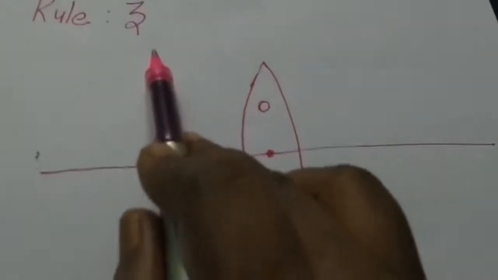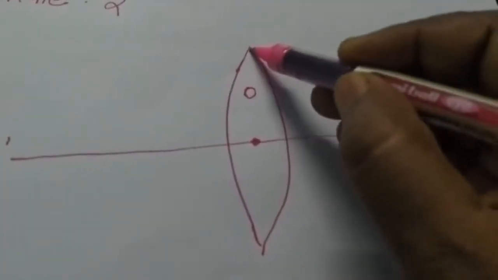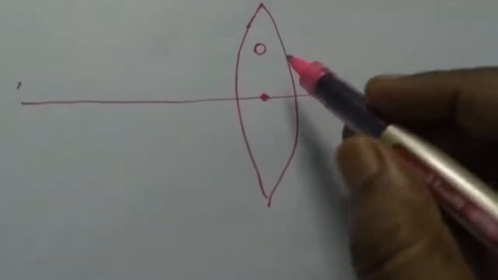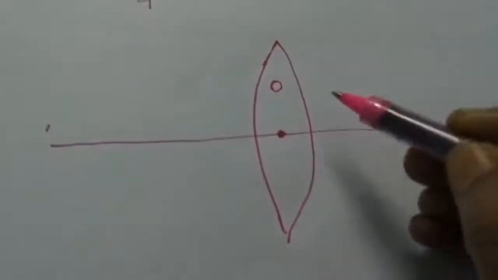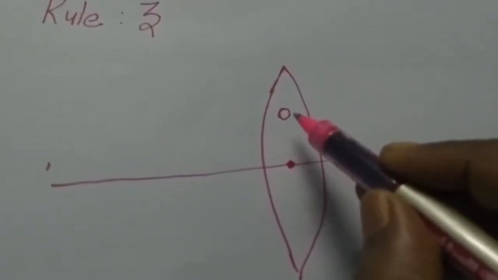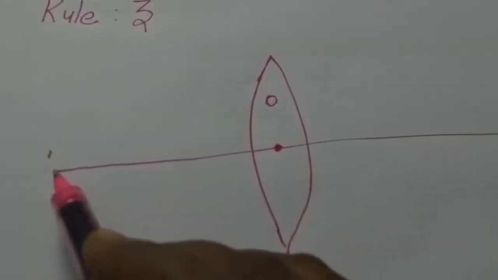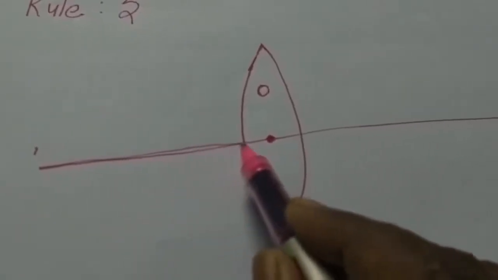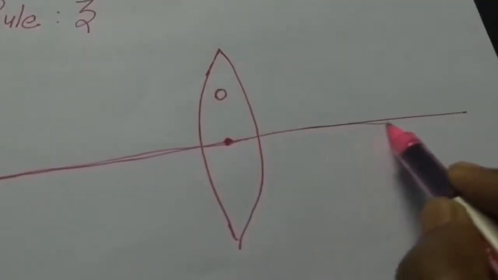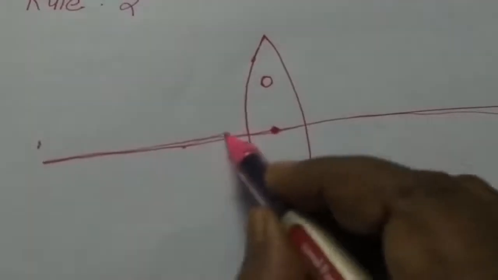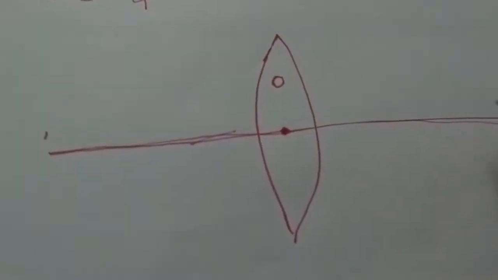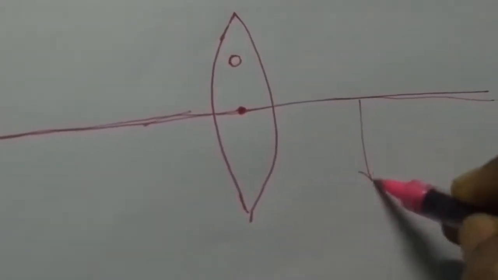Rule 3. Draw a convex lens and mark the center point as O, the optic center, and then draw a center line. This line is called the principal axis.